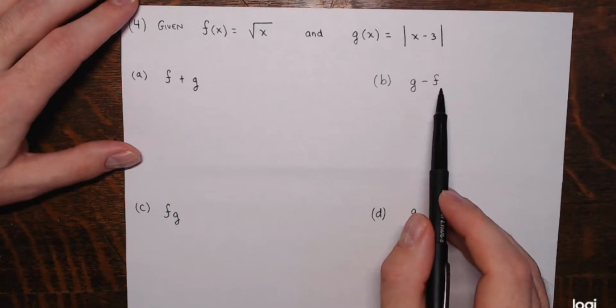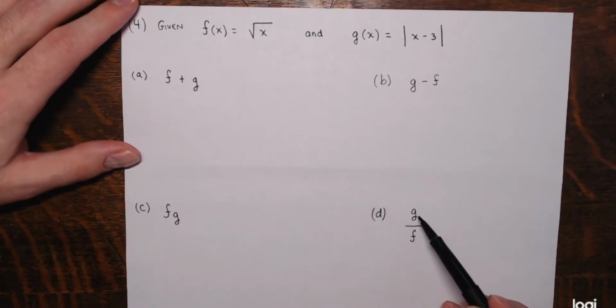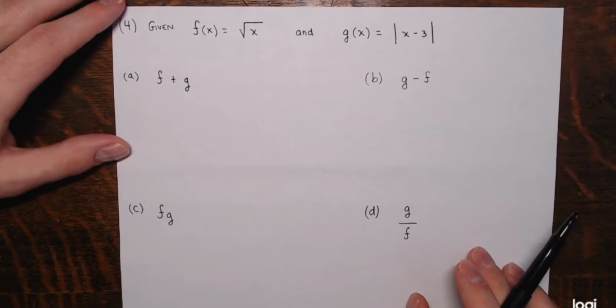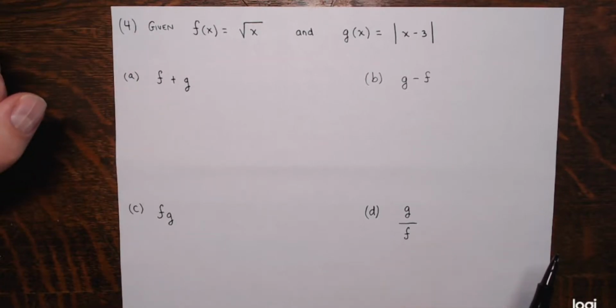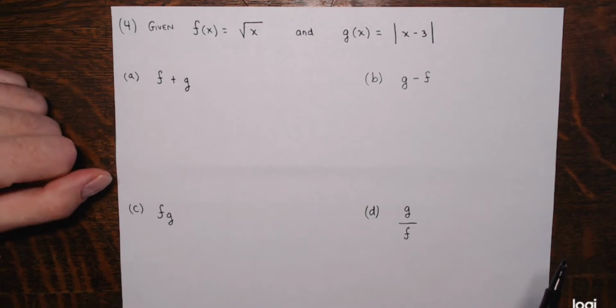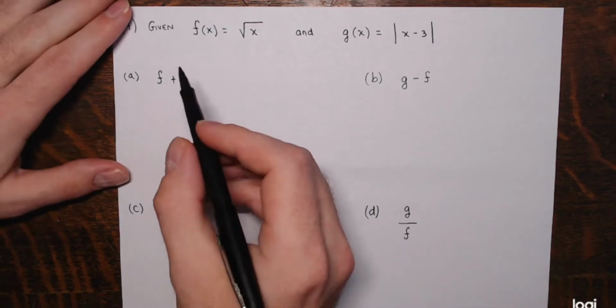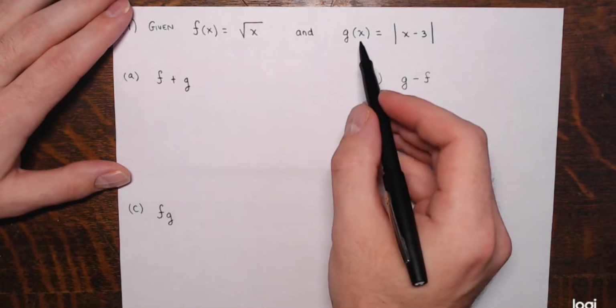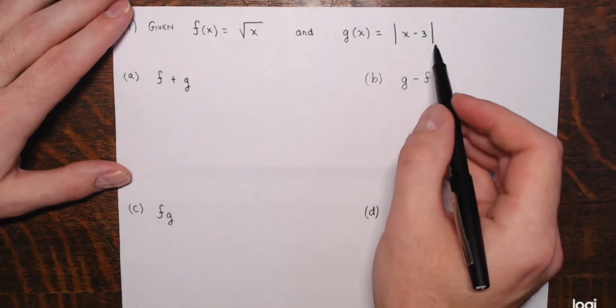And in part D, instead of doing f divided by g, I'm doing g divided by f. And those are totally different, right? In subtraction and division, the order matters. All right. In addition and multiplication, the order doesn't matter. All right. So f of x is the square root of x, and g of x is the absolute value of x minus 3.